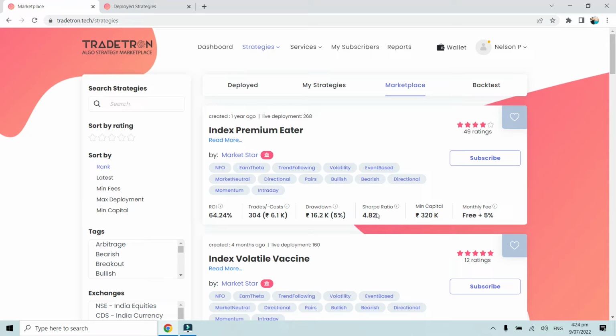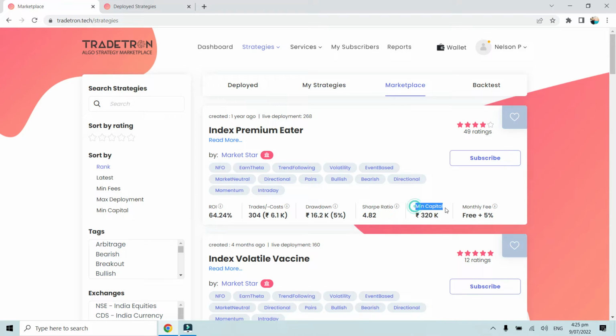So in simple terms, if your risk is 1,000 rupees, then on that 1,000 risk, you are making 4,820 rupees as your profit. So for every unit of risk, how much is the extra return that you're getting? That is calculated by the Sharpe ratio. All right. So higher the Sharpe ratio, the better. The lower the drawdown, the better. So 4.82 is considered a good Sharpe ratio.